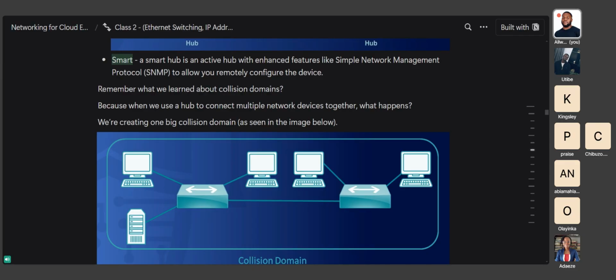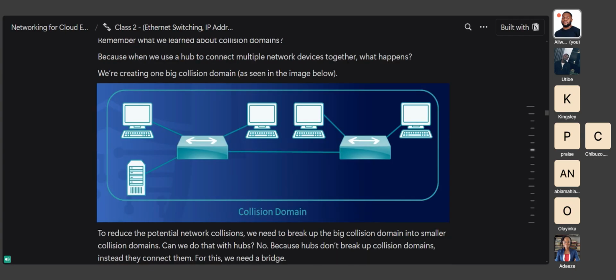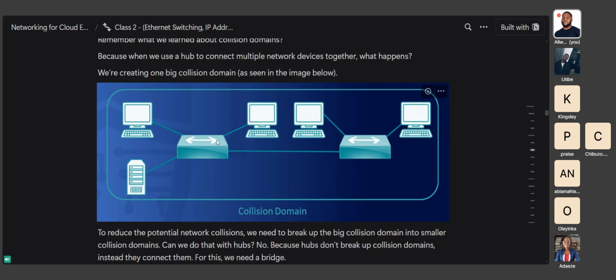Remember what we learned about collision domains, because when we use a hub to connect multiple network devices together, what happens is, just as you can imagine, this is one big collision domain because this is a hub. When we use a hub to connect multiple devices together with Cat5 Ethernet cables, we are creating one big collision domain.